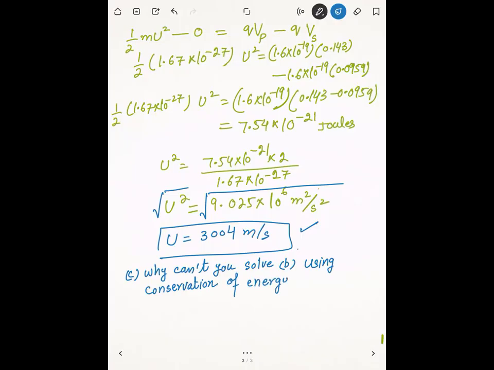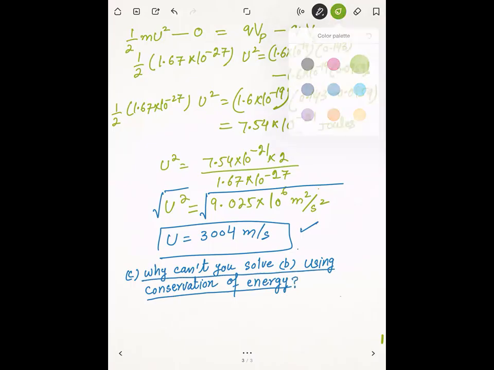The question here is, why is it not possible to solve B part of the question using conservation of energy?